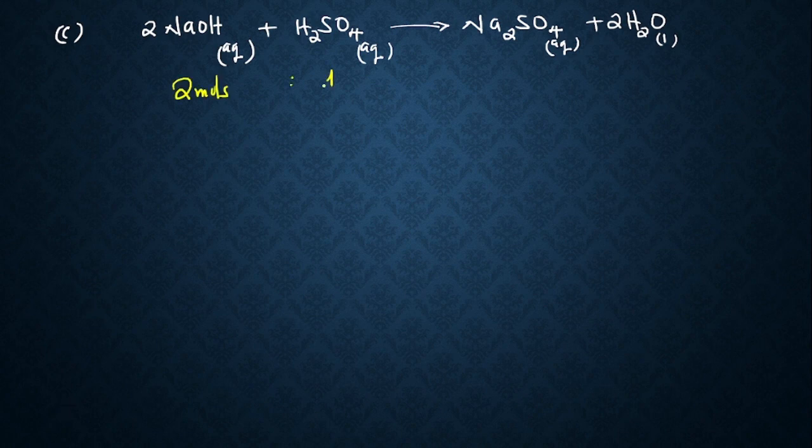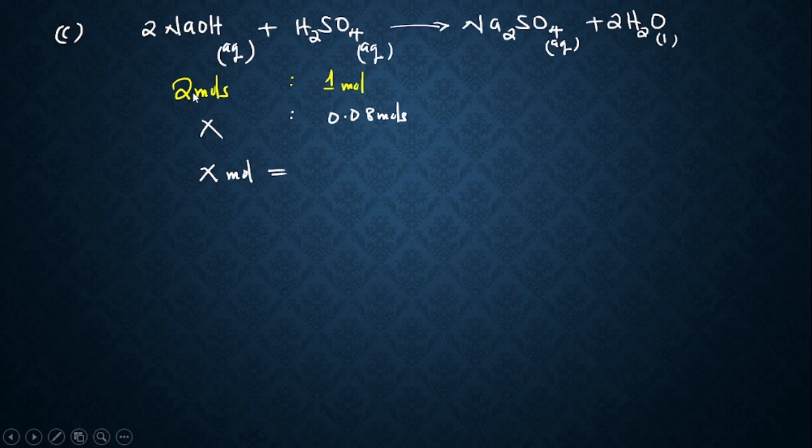Now in a situation whereby we have 0.08 moles, how many moles of sodium hydroxide is the sulfuric acid going to react with? We're going to multiply. So X multiplied by the 1 mole, being equal to 2 multiplied by the 0.08.